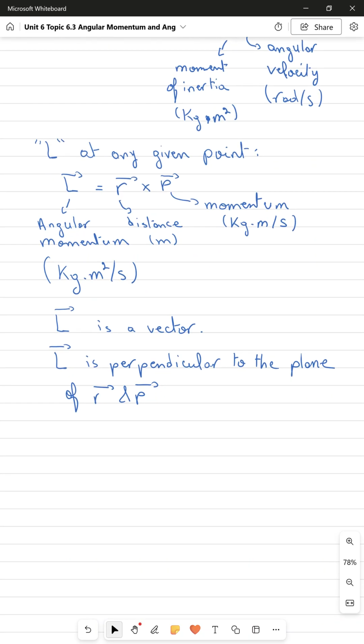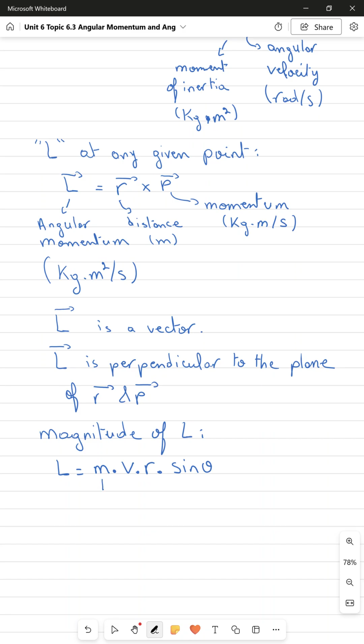Now, if you want to get the magnitude of L, it is L equals M times V times R times sine of the angle. As you see, M and V give the momentum, R is the distance, and sine comes from the cross product that we mentioned before.